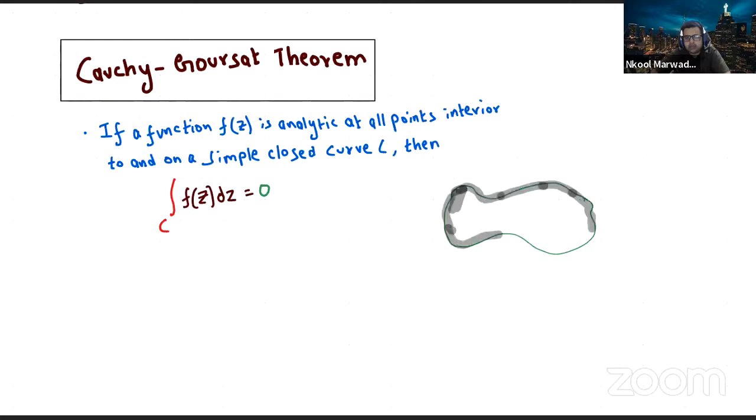So if we do an integration taking into consideration all the points inside this region and the points lying on the curve, interestingly, that integration will always result in 0. And here, let me emphasize it.